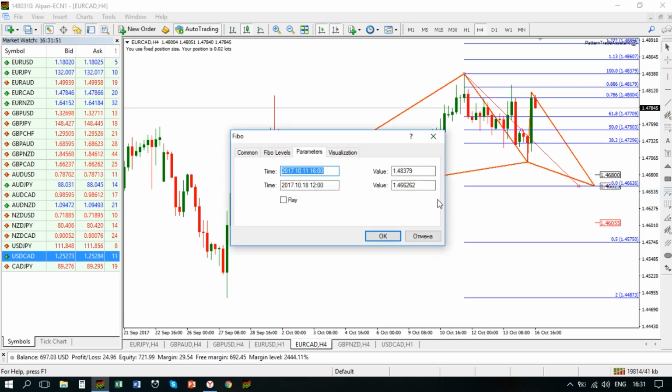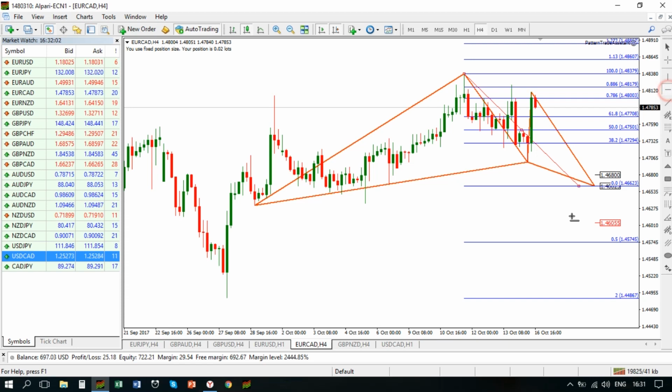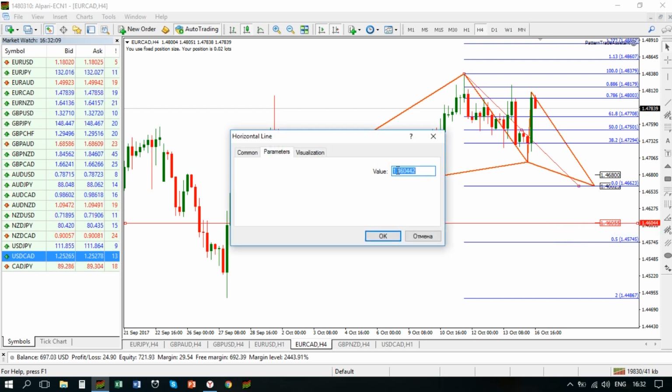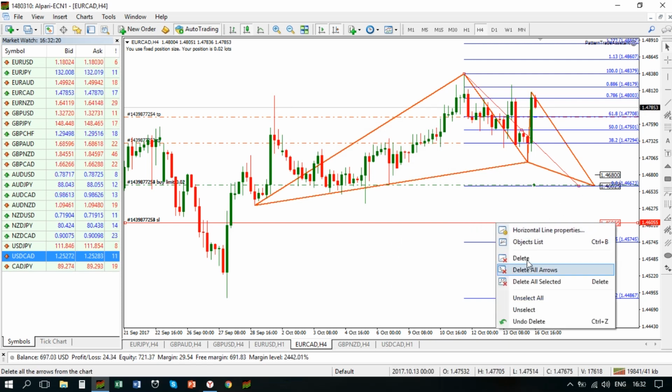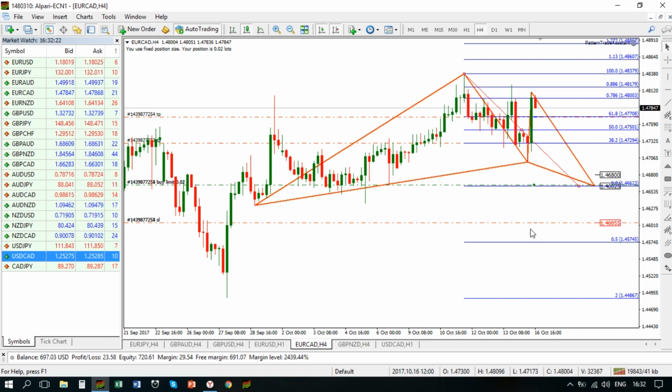Here's the Fibonacci. 1.6623, I suppose 23. And the stop loss is 1.46055. Horizontal line 1.46055. Perfect. L to place the limit order. In case the pattern is triggered, I press M and the market order is placed.